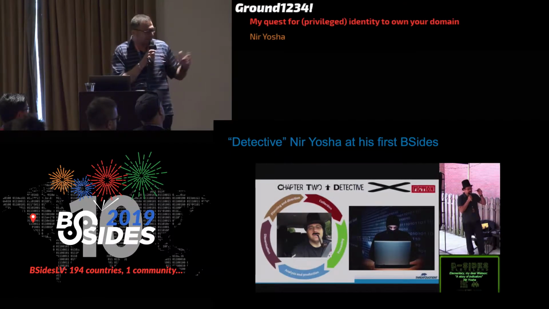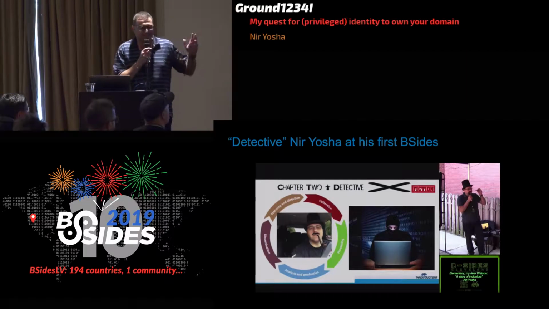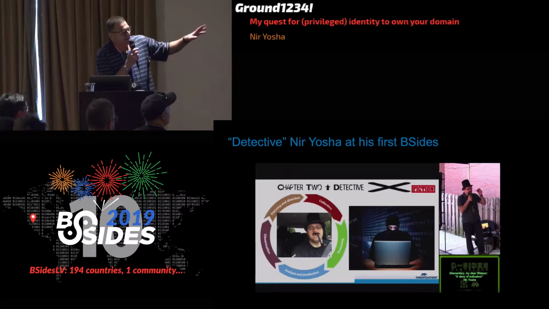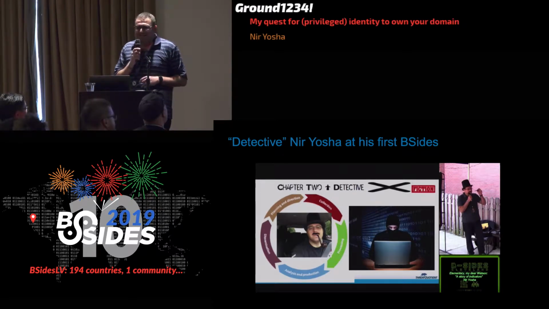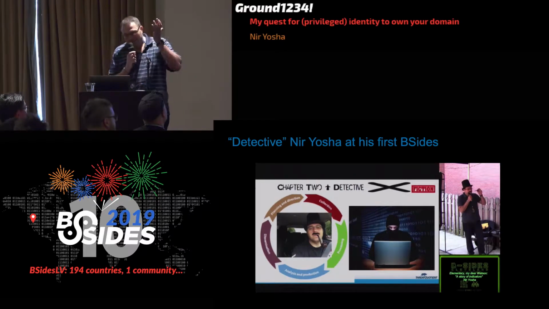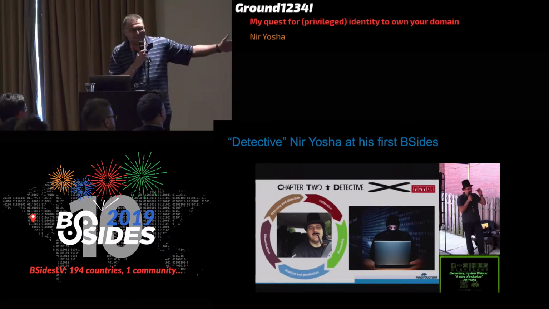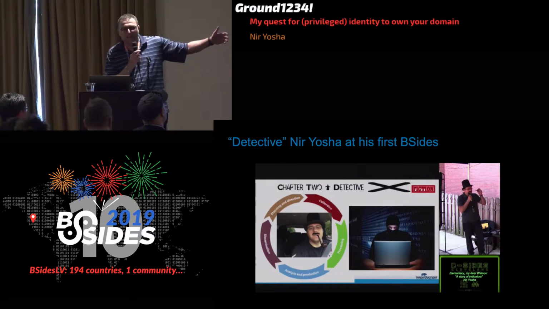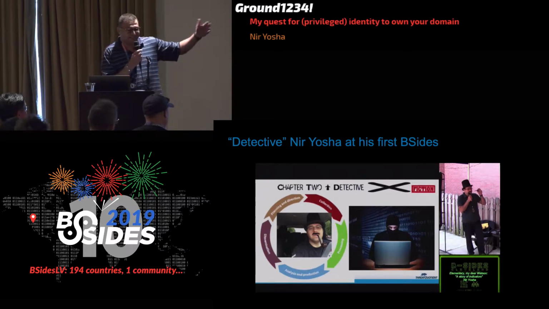So I have to embarrass myself. This is actually from my first B-Sides in Cleveland. And yes, I dressed up in my talk as a detective. That's how weird I am. The idea in my crazy mind was that because I'm talking about threat intelligence and indicators of compromise and investigation, a detective would make sense.